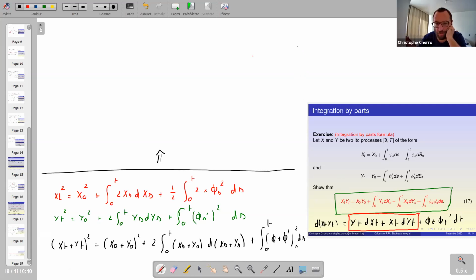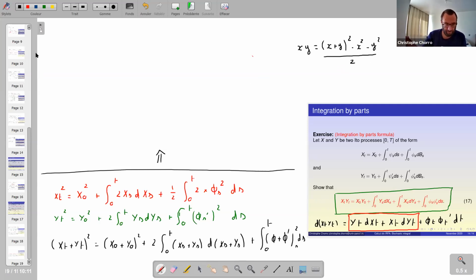But I remind you that the product xy can be written as (x plus y) square minus x square minus y square, over 2. It's just by developing the square of the sum: x square plus 2xy plus y square. I subtract the squares and I divide by 2.